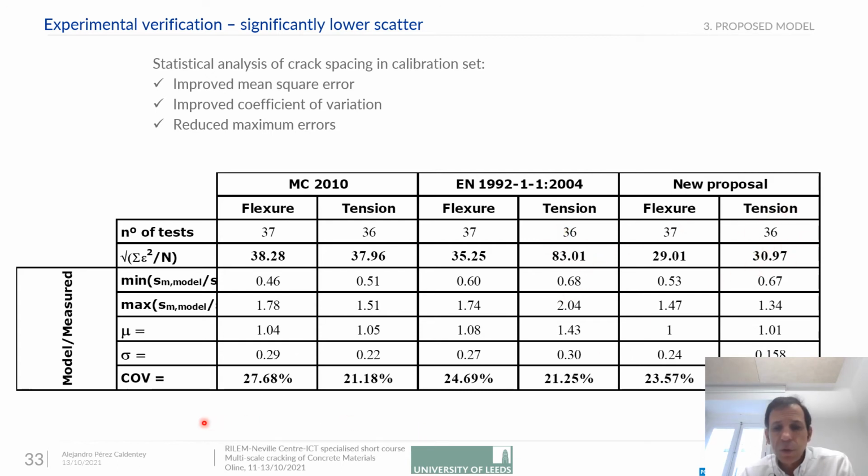And in terms of the coefficient of variation, we also have a smaller coefficient of variation for flexure and much smaller for tension. Unfortunately, you cannot see it because of my camera, but for tension, this coefficient of variation is 15.6, so much lower than the ones provided by Model Code and Eurocode.